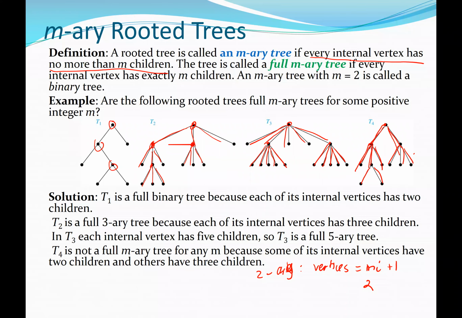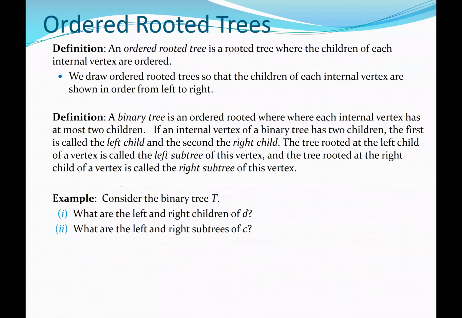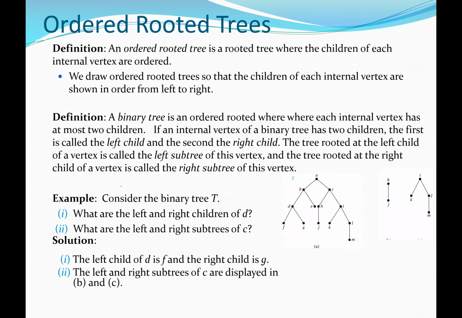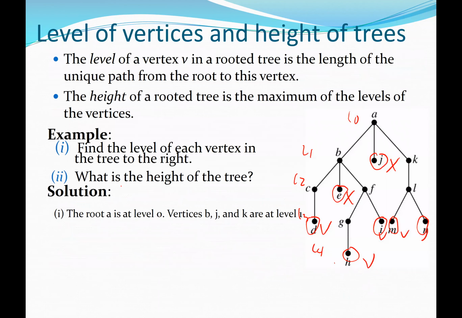So we get 2 times 3 plus 1, which gives us 7 vertices. You can see here 1, 2, 3, 4, 5, 6, 7, right? 7 vertices. So that demonstrates the theorem we have there for a full m-ary tree.